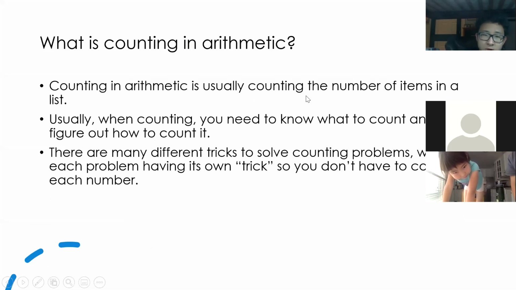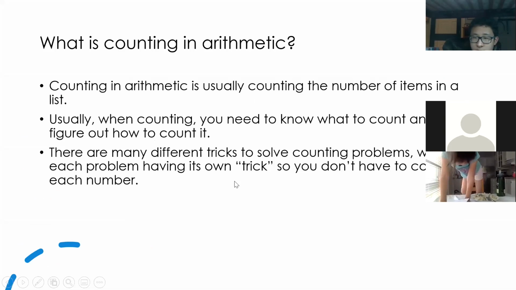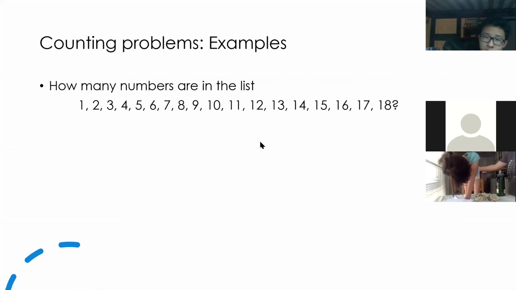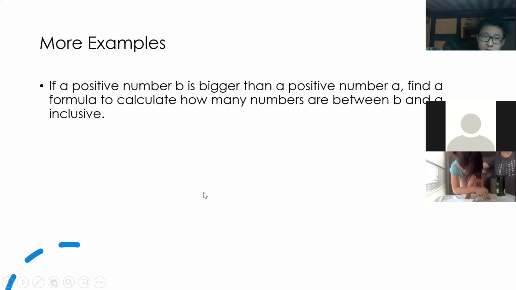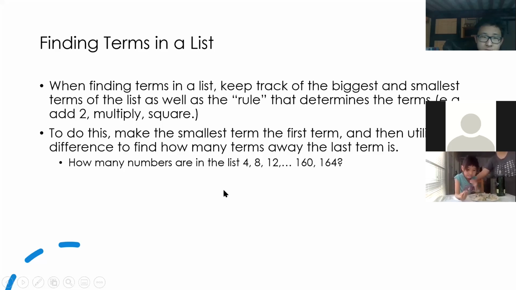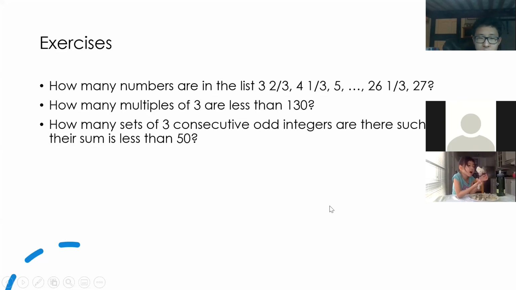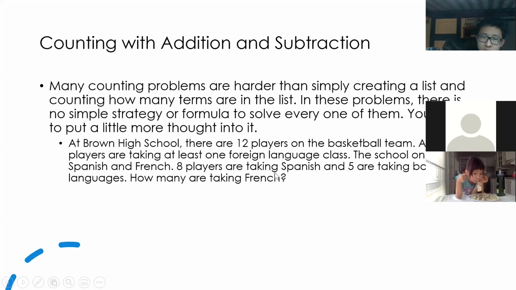So last time we covered counting, and we learned a bunch of tricks in order to count stuff, like normal counting, finding the number of terms in a list, where we found the rule and we solved the problem using the rule. We solved a bunch of other hard problems, counting with addition and subtraction.